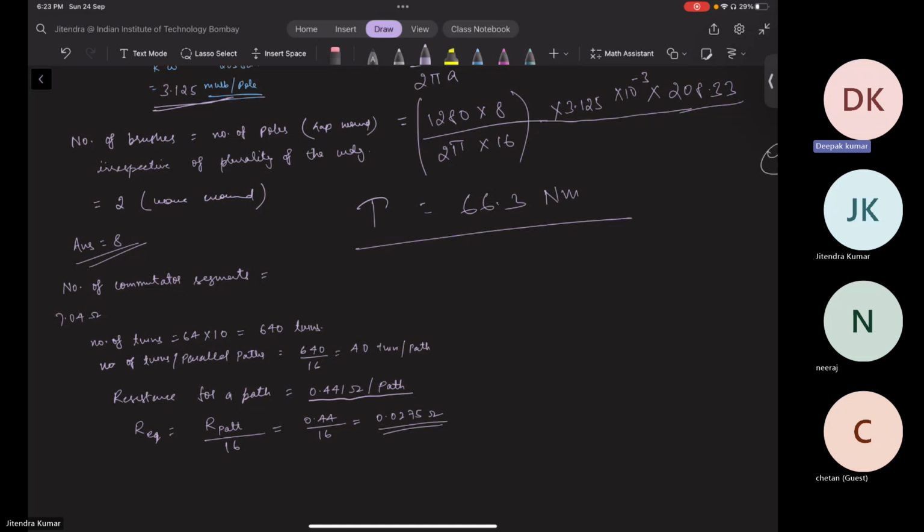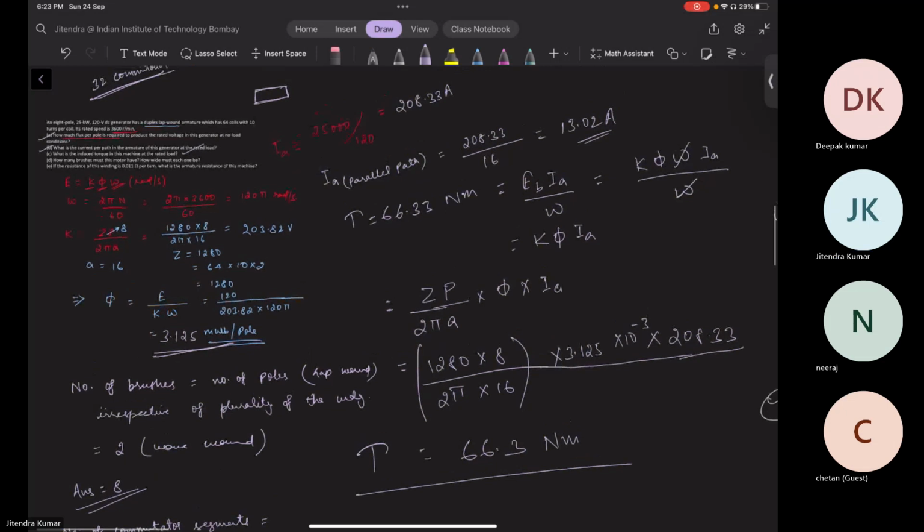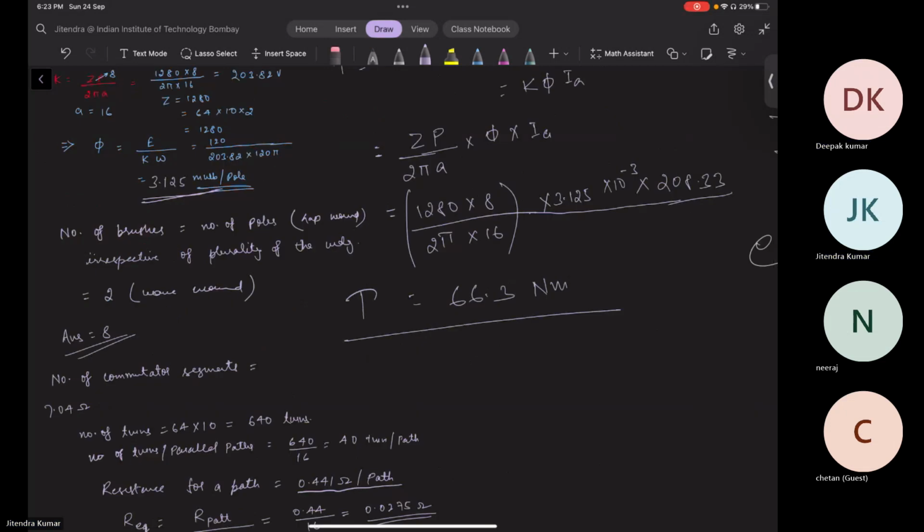Sir, in this resistance problem. In the resistance problem you might have committed a mistake, and the other parts were correct. Okay, fine, then it is good enough.